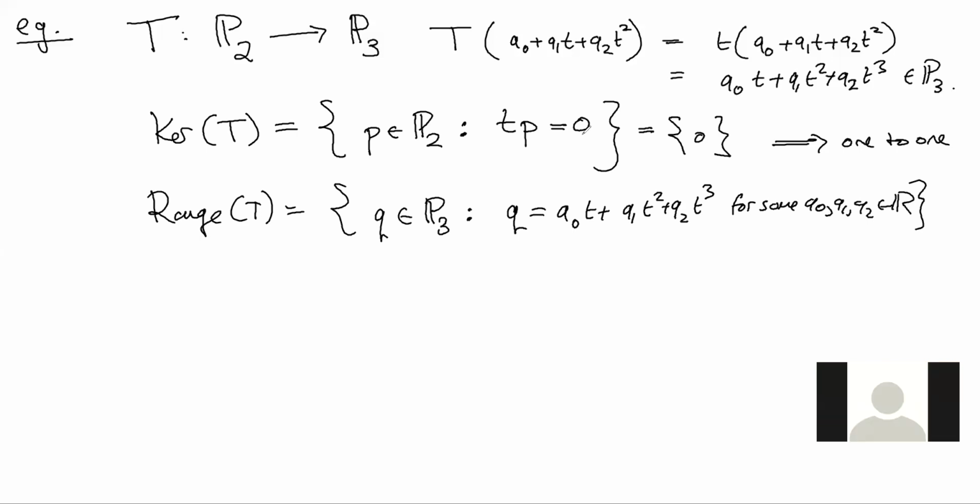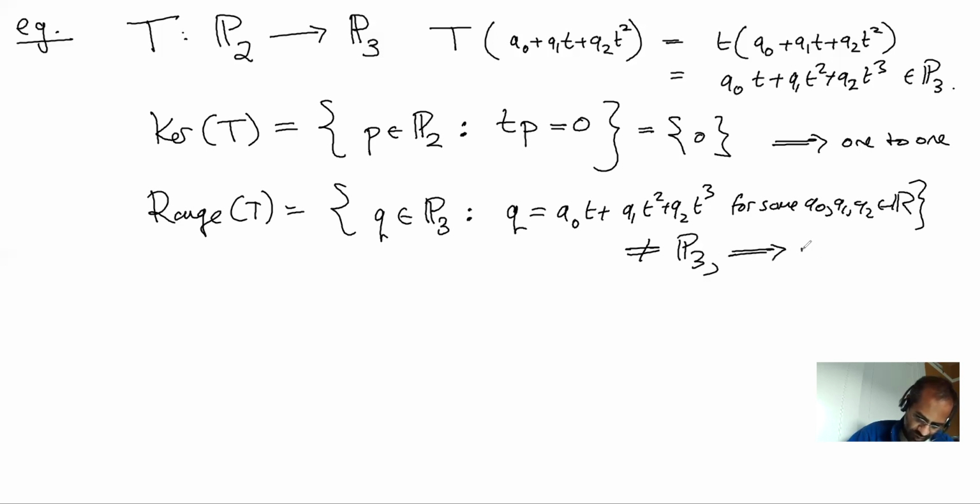Yeah, it doesn't include constants, right? You can never get a constant polynomial as an output of this linear transformation. So this is not equal to P3. So this thing is not onto. So that's 1 to 1 but not onto.